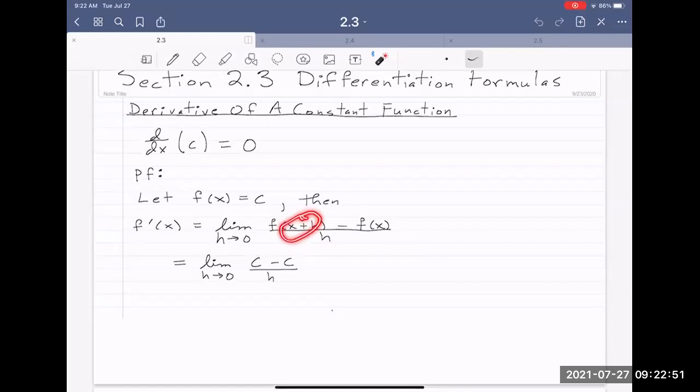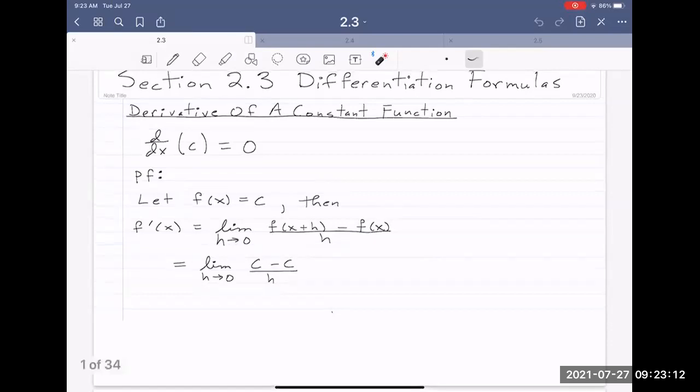Replacing every x in the formula, there is none, by x plus h, I get that c is still, well, c. F of x is c. And so the limit as h approaches 0 of f of x plus h minus f of x all divided by h is just the limit as h approaches 0 of c minus c over h.